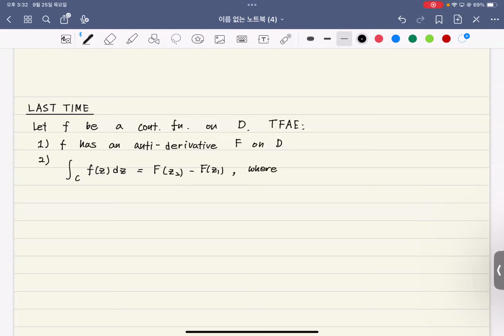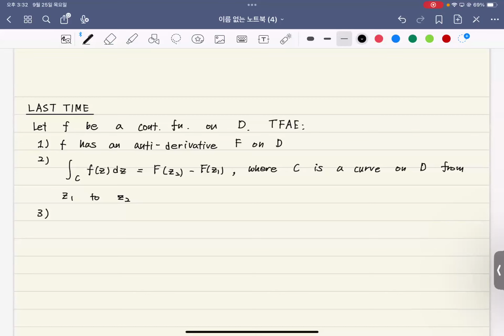where C is a curve on D from z1 to z2. And number 2 is basically saying the path independence of the line integral.